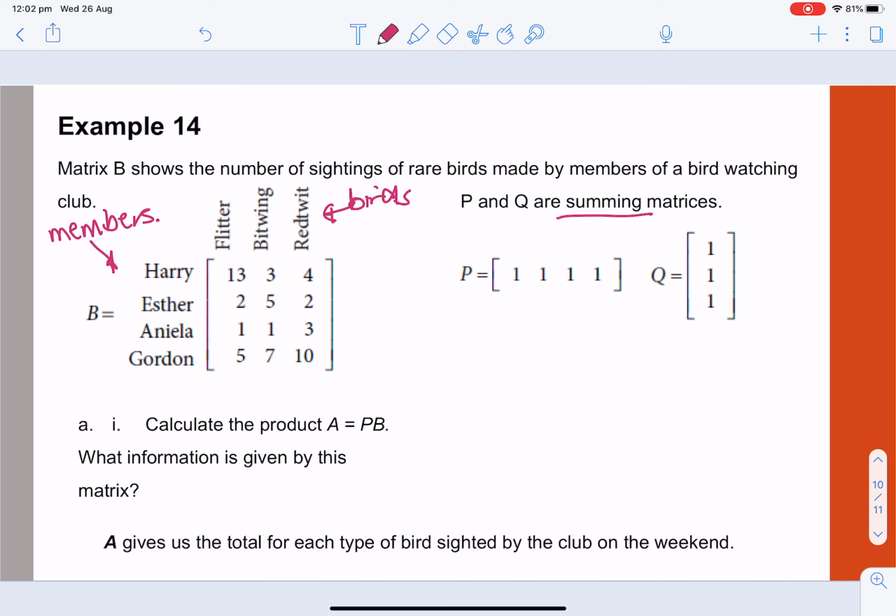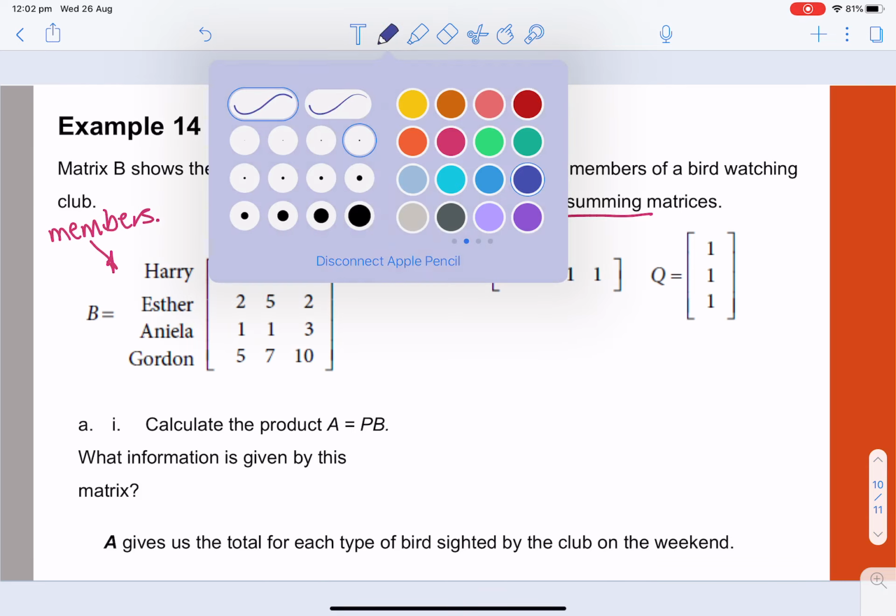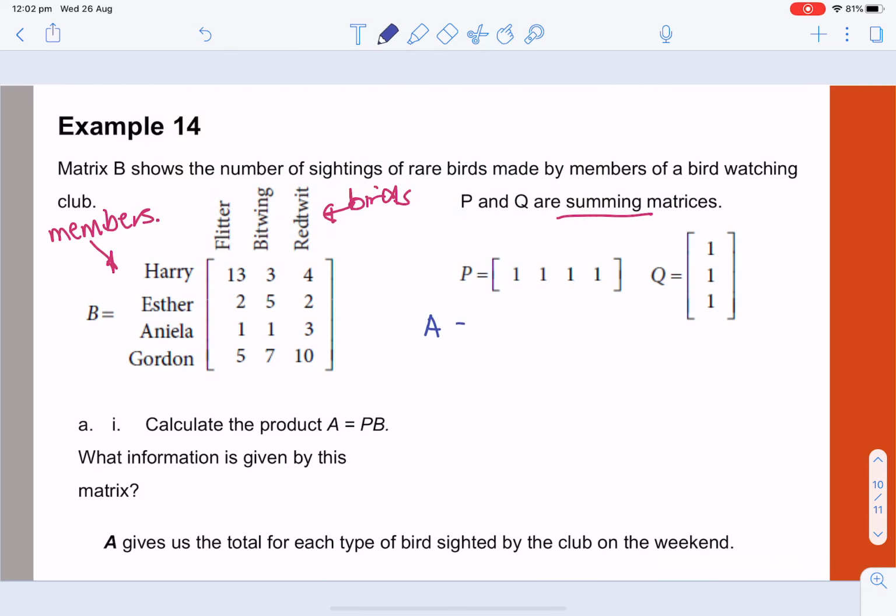So what we do is I'm going to change back to blue, it's nicer. A equals PB. Note that I'm putting my summing matrix at the beginning. Because the summing matrix goes at the beginning and it's a row, I have to add my columns. So 1, 1, 1, 1 multiplied by 13, 3, 4, 2, 5, 2, 1, 1, 3, and 5, 7, 10.